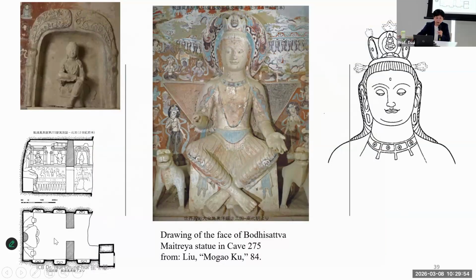The Maitreya Bodhisattva is enshrined in the west wall, and in the north wall, on the upper level, we have a seated, pensive image of a Bodhisattva.